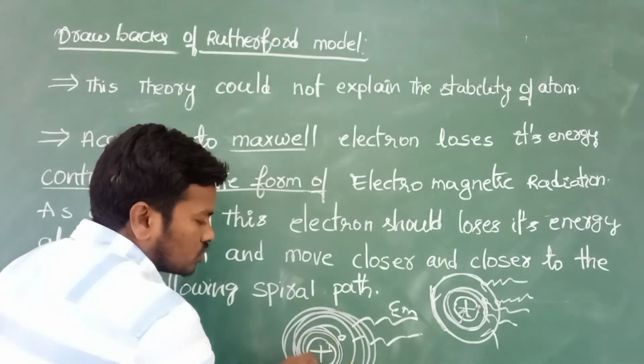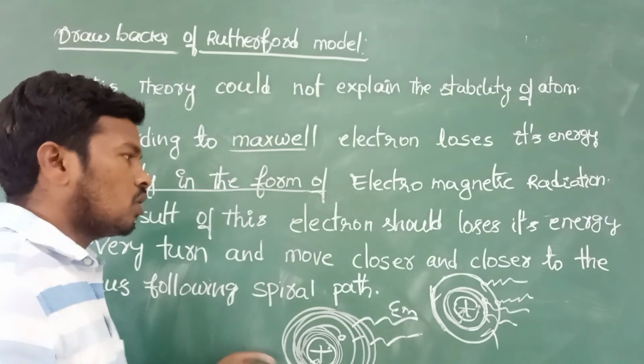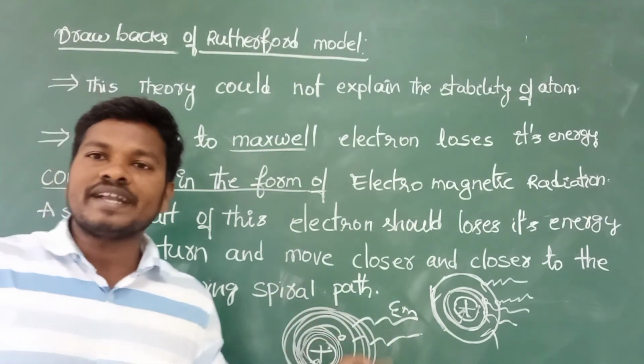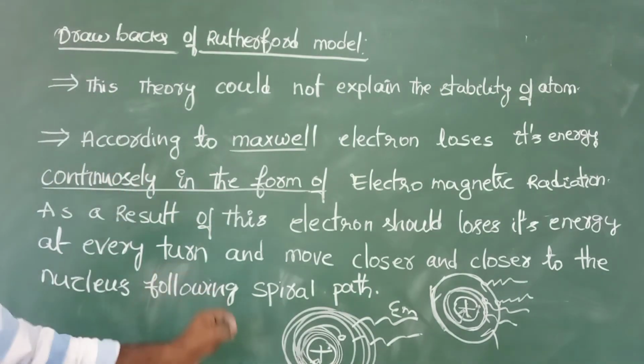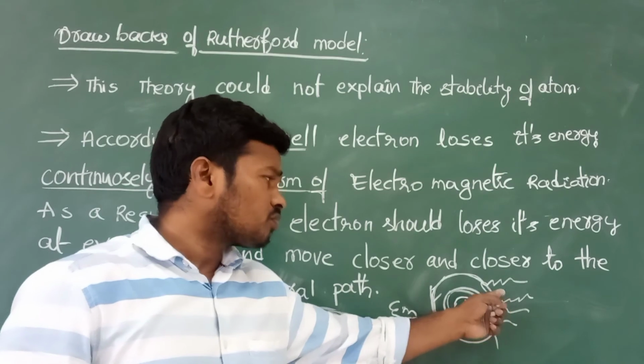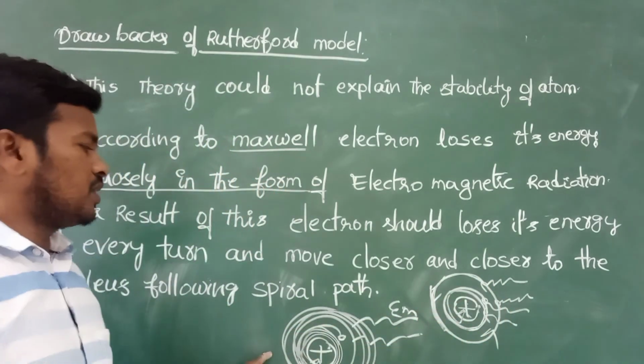Then it will come closer and closer to the nucleus and ultimately fall into it, so the atom would be unstable. But the atom exists. This point he couldn't explain. It indicates that electrons revolve around the nucleus, but not with a high speed. He didn't explain this.